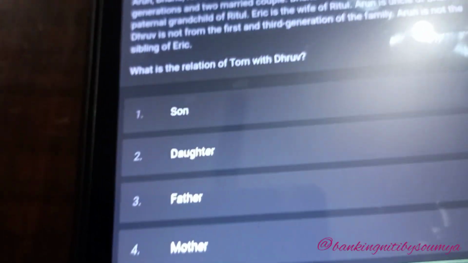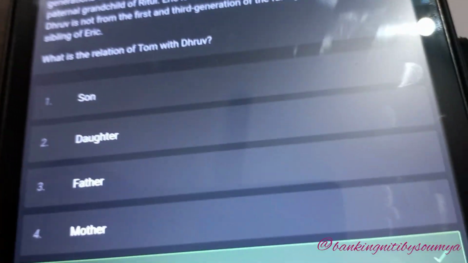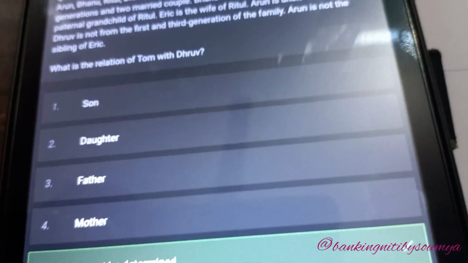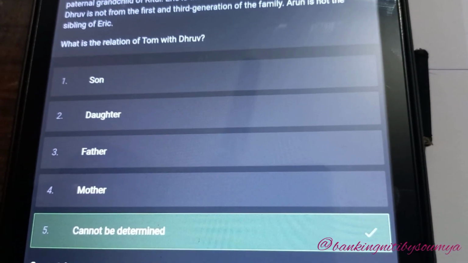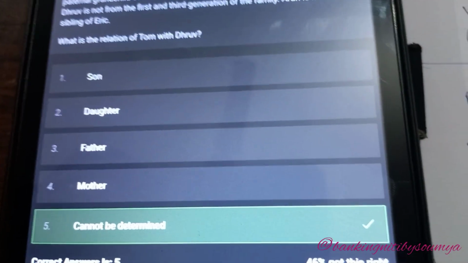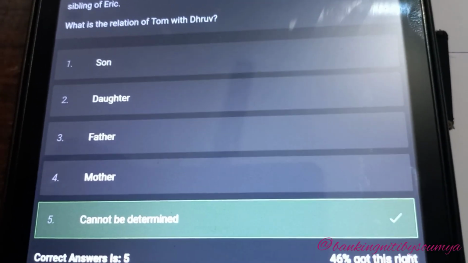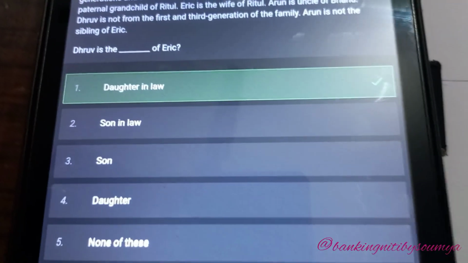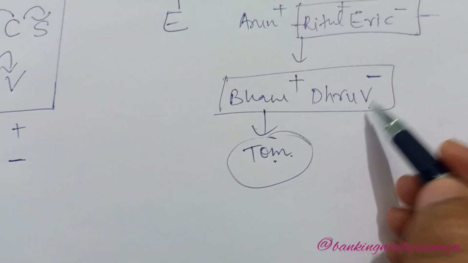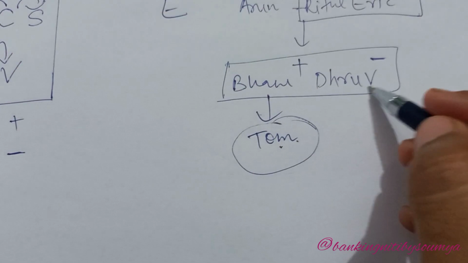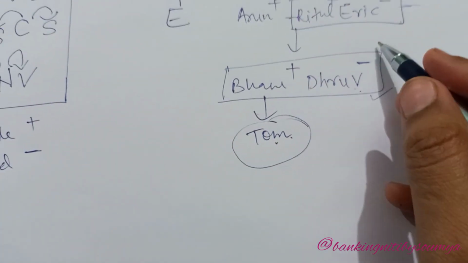Our first question is, what is the relation of Tom with Dhruv? So we cannot say because we did not determine the gender of Tom, so we can say cannot be determined. Now the next question is, Dhruv is dash of Eric. We can see that Dhruv is a daughter-in-law of Eric.